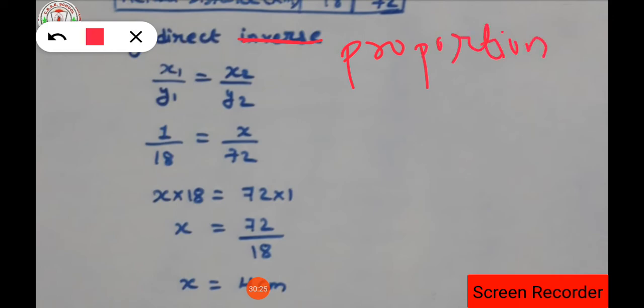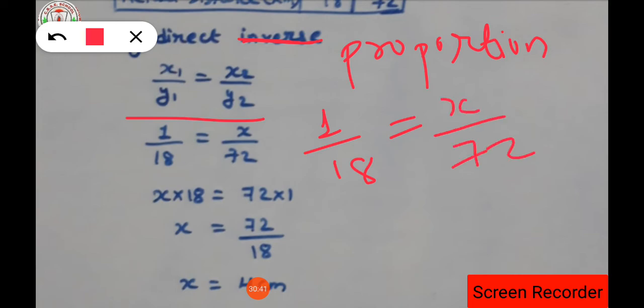So what is the formula for a direct proportion we have? x1 upon y1 is equal to x2 upon y2. So what is x1 upon y1? That is 1 upon 18 is equal to x2 upon y2, which is x upon 72, isn't it? Now we do the cross multiplication.